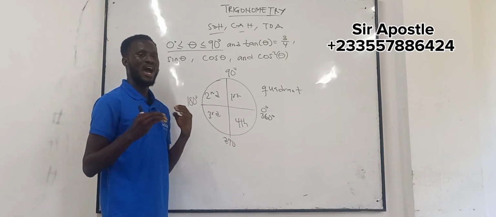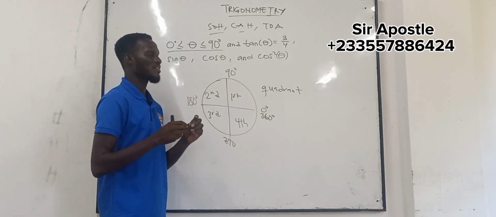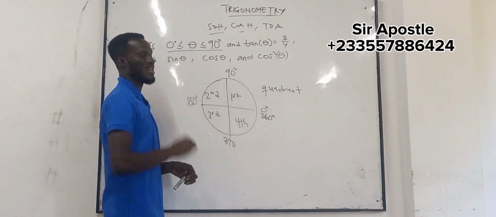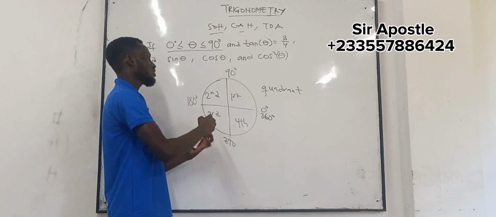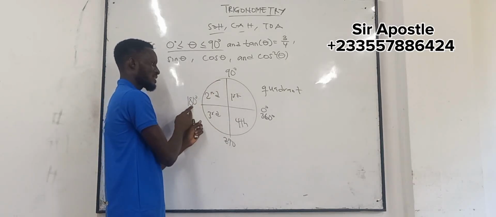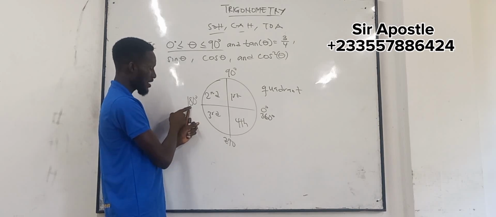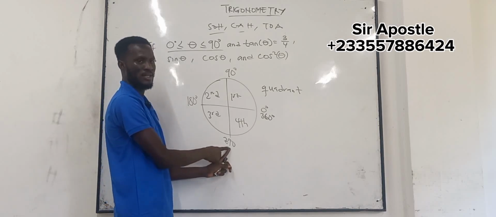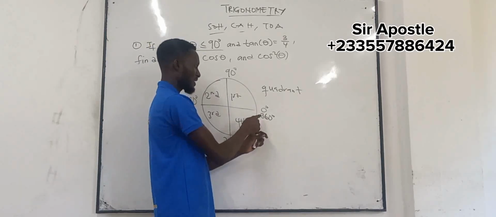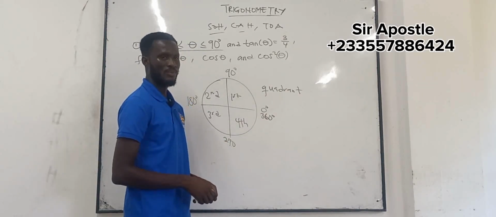Now, I will take time to explain this very well, but for now, I'm going to concentrate on the first quadrant. After I solve a similar question like this, we will move into the other quadrants: angles between 90 and 180 degrees, between 180 and 270 degrees, and between 270 and 360 degrees.